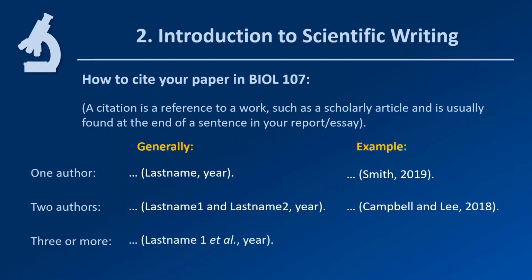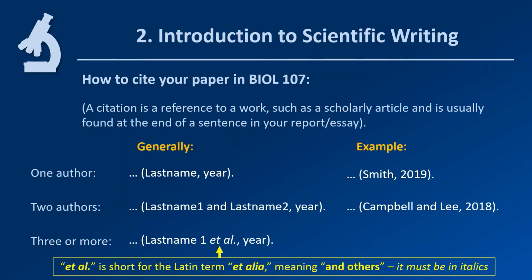And if there's three or more, you're going to use the first author's name, and you're going to follow that by et al. So et al. is short for the Latin et alia, and this basically means and others. And this is Latin, and anything in Latin in science we put in italics, so make sure you have that in italics. Notice the punctuation there. There's a period after al, because that's abbreviated, and then a comma like we usually do, followed by the year. So here's an example, Jones et al., comma, 2015.